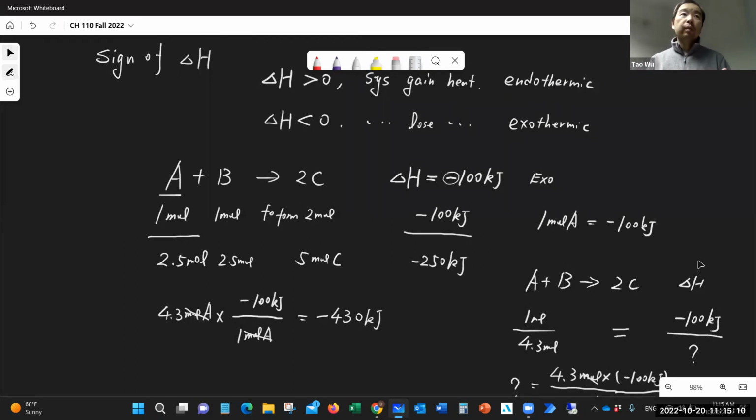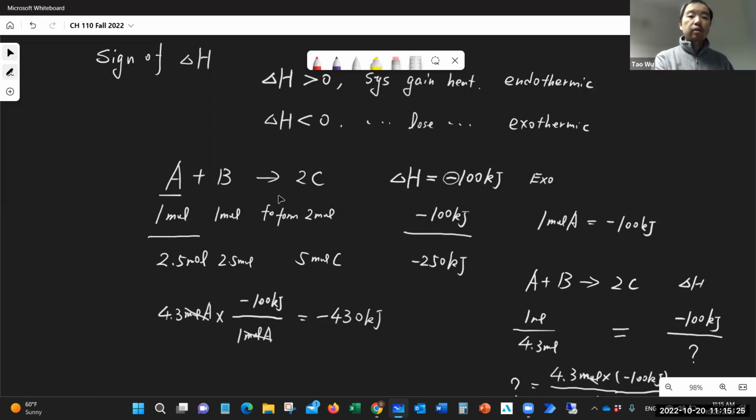If it's an endothermic reaction, the heat will be a positive sign because they gain the heat.